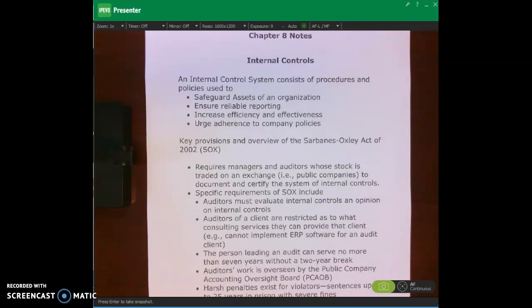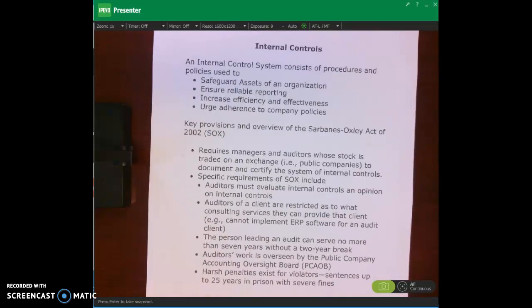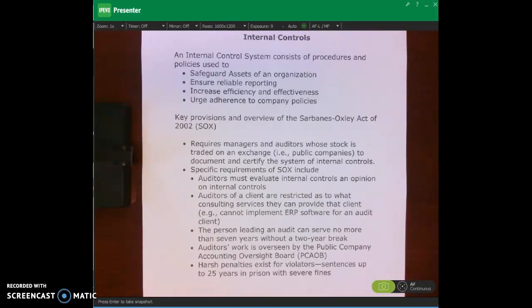And so some key provisions of SOX, especially with regard to internal controls. There's SOX Section 404, and in Section 404, it's talking about this. Okay? So it requires managers and auditors whose stock is traded on an exchange, so, for example, public companies like PepsiCo, ExxonMobil, Hewlett Packard.